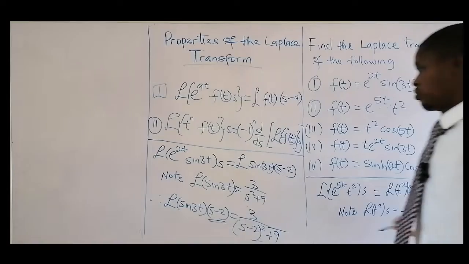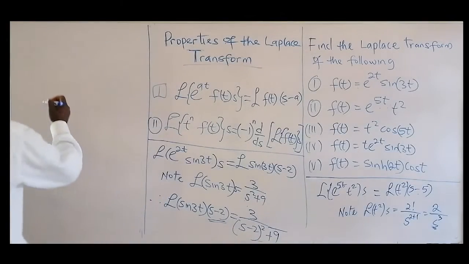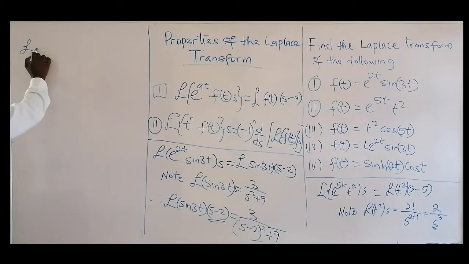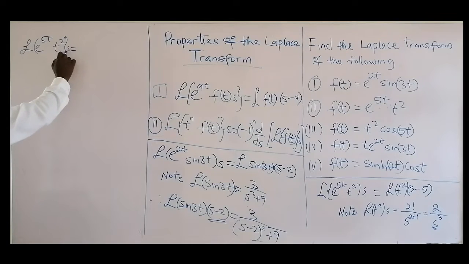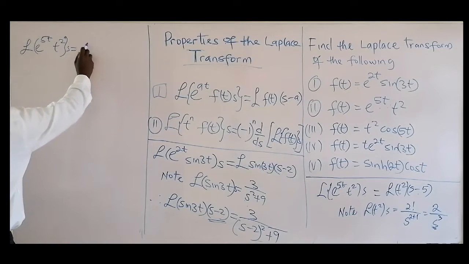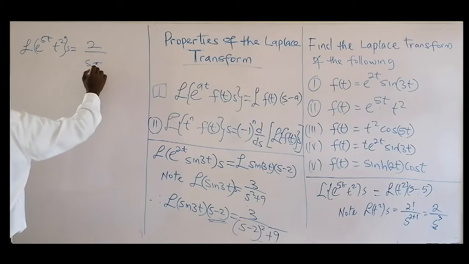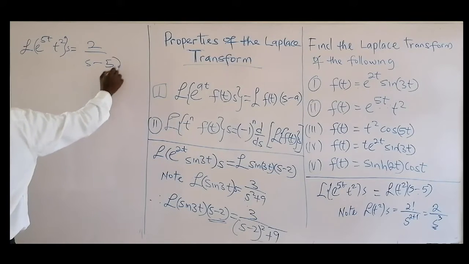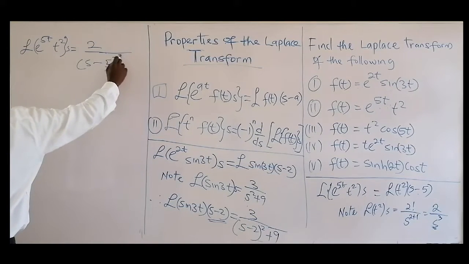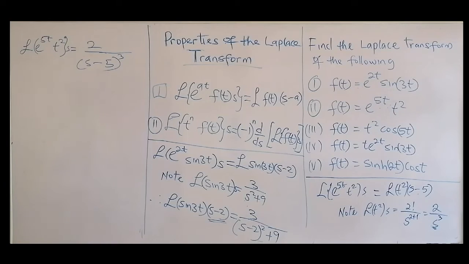So we now have Laplace of e^5t t squared, which will be 2 over (x minus 5) to the power 3.